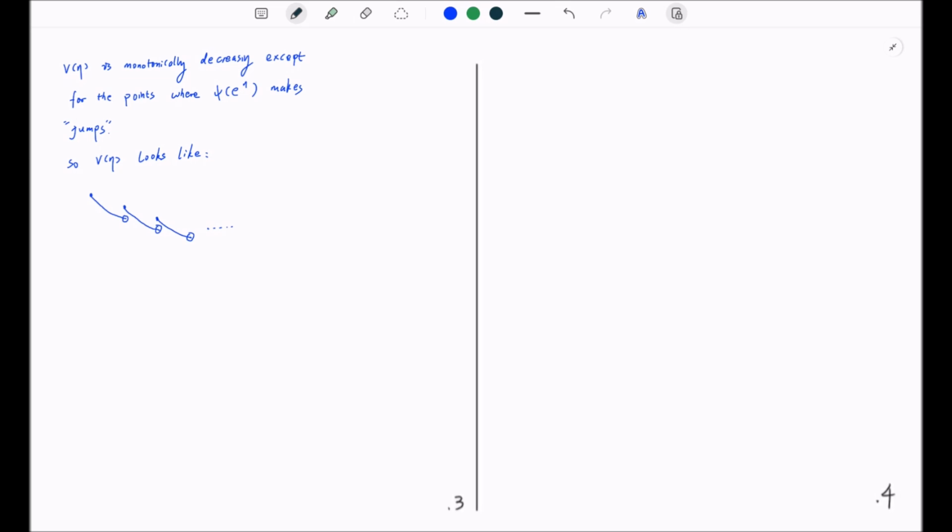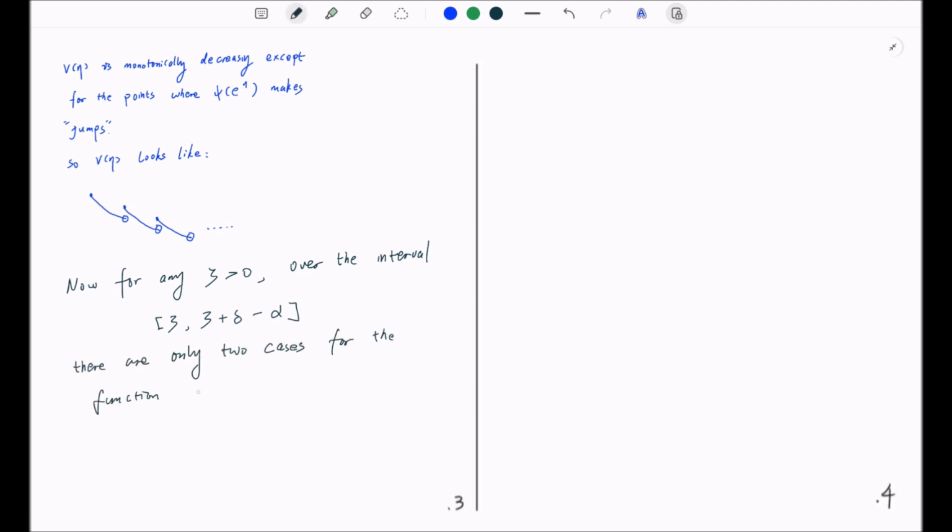Now, for any zeta greater than 0, over the interval from zeta to zeta plus delta minus alpha, there are only two cases for our function v of eta. Case 1 is that for this zeta bigger than 0, there exists eta naught in the interval from zeta to zeta plus delta minus alpha.